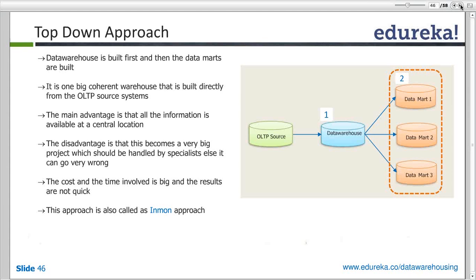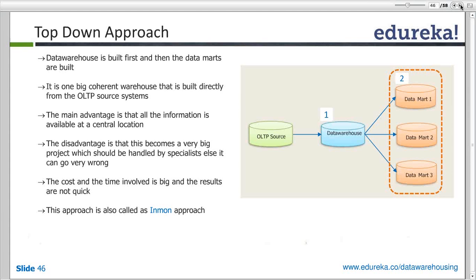So that is a disadvantage in case of, it's actually not a disadvantage. I shouldn't say it's a disadvantage. It's just a requirement. If they don't care about the time of the data, then this business scenario is gone. But I'm just telling you what the advantage is of having a centralized data warehouse before it is distributed into different data marts. So they will have similar information at the same time.